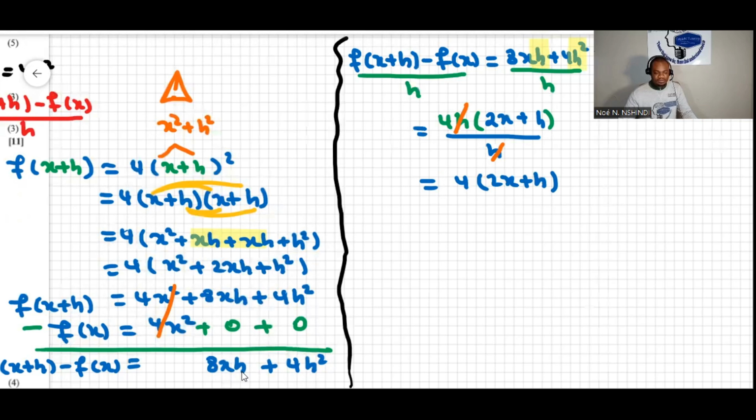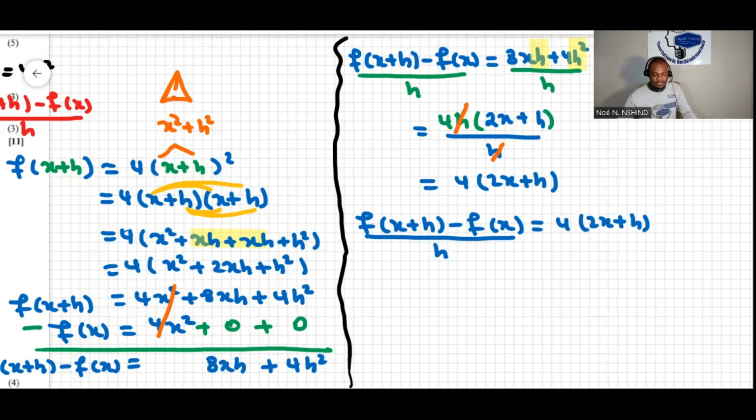So this simply means [f(x plus h) minus f(x)] over h equals 4(2x plus h) over h. Okay, then we can introduce the limit to both sides of the equation.